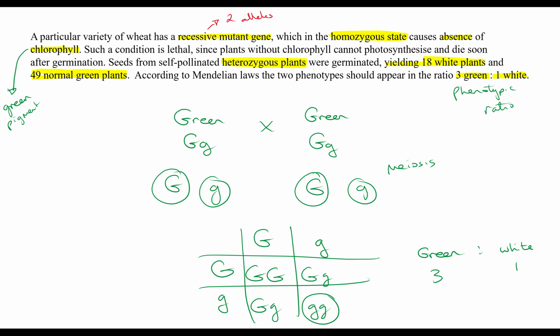However, if I'm looking at the possible genotypes, I have a capital G, or capital G, small g. So it depends if it's homozygous dominant, heterozygous, or homozygous recessive. So there is my phenotypic ratio, 3 to 1 if we follow Mendel's law of independent assortment.